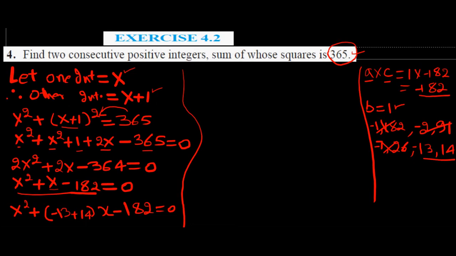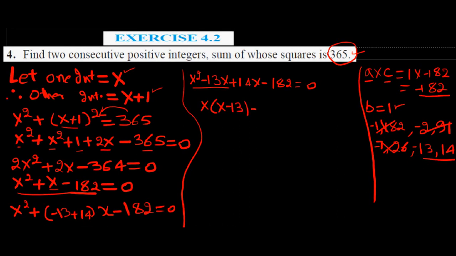Now I will write this equation here. So this is x square minus 13x plus 14x minus 182 is equal to 0. Now I will take x common from the first two terms, so it will be x into (x minus 13).